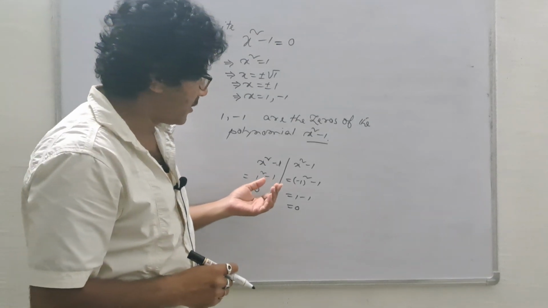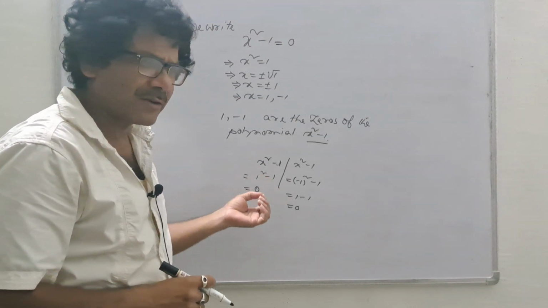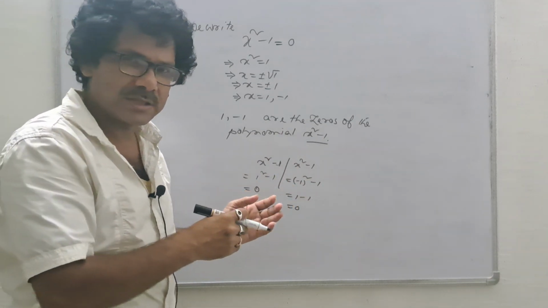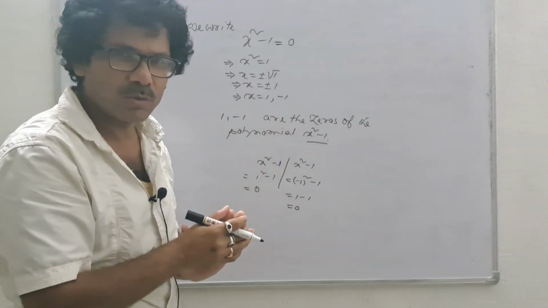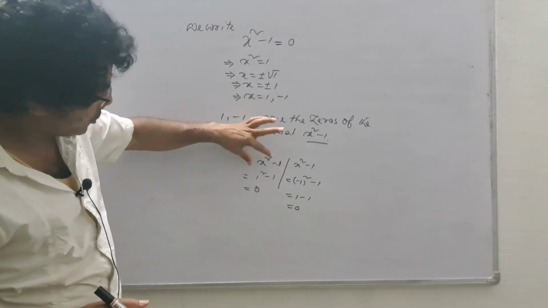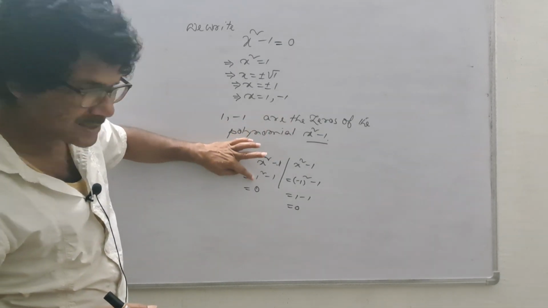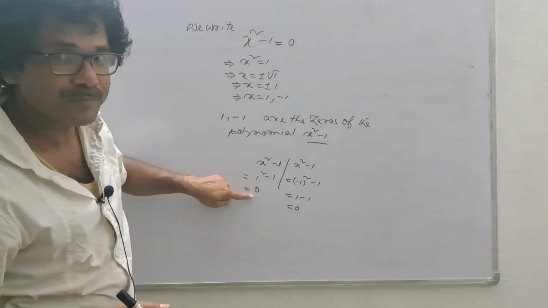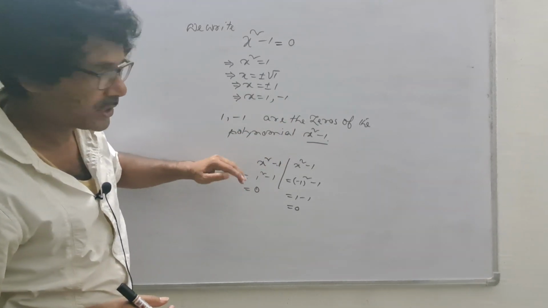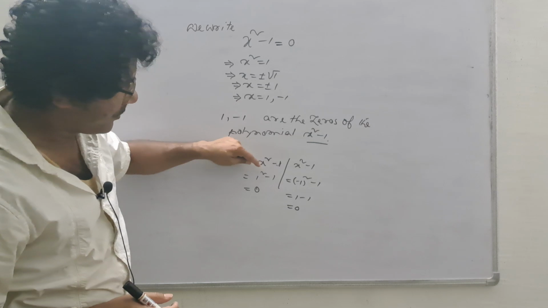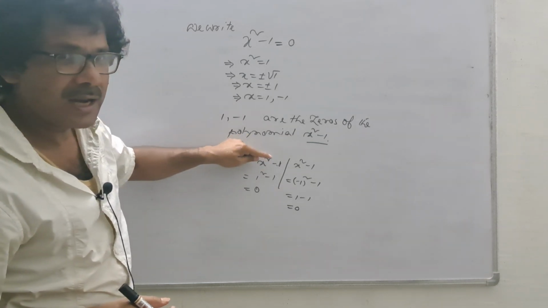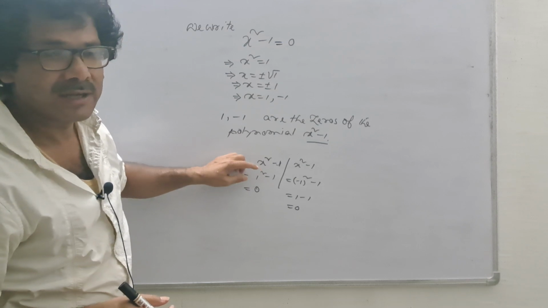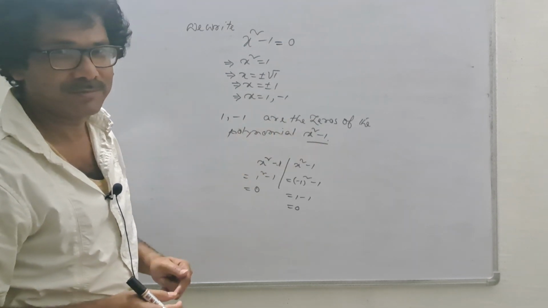That is, the zeros of a polynomial are the values of the variable, or values of x, for which the value of the polynomial is 0. And x is the variable, so we can write that the zeros of a polynomial are the values of the variable for which the polynomial is 0.